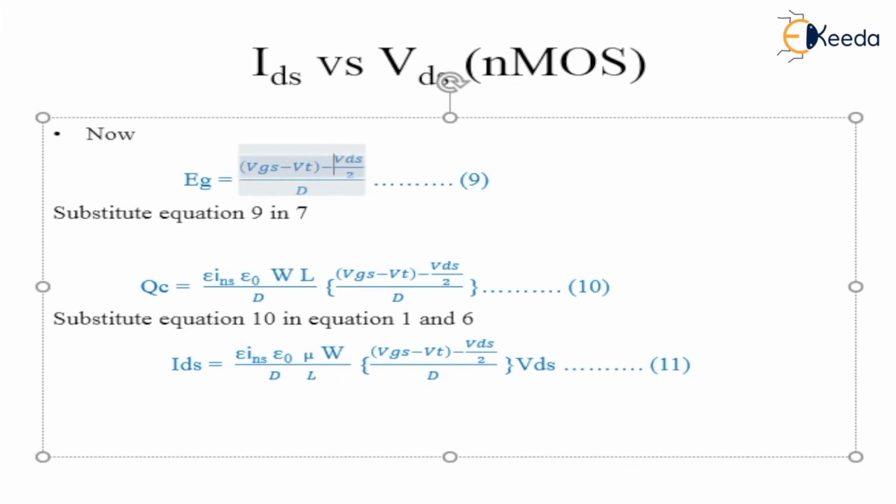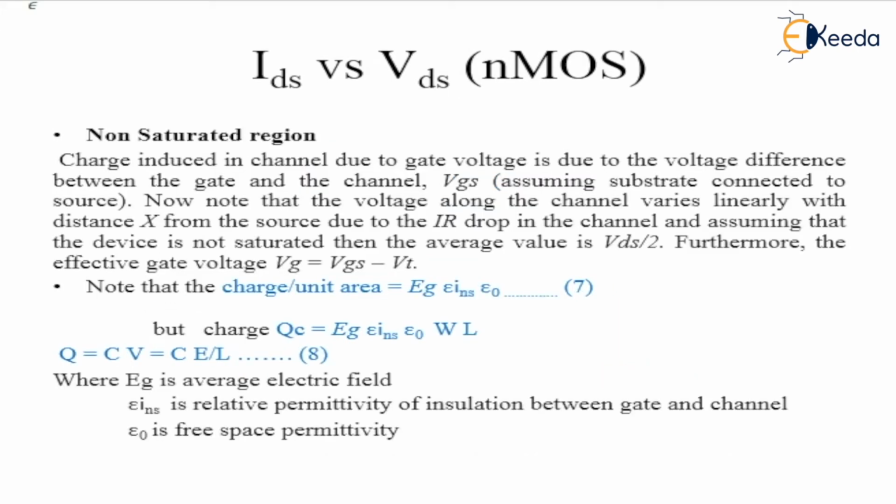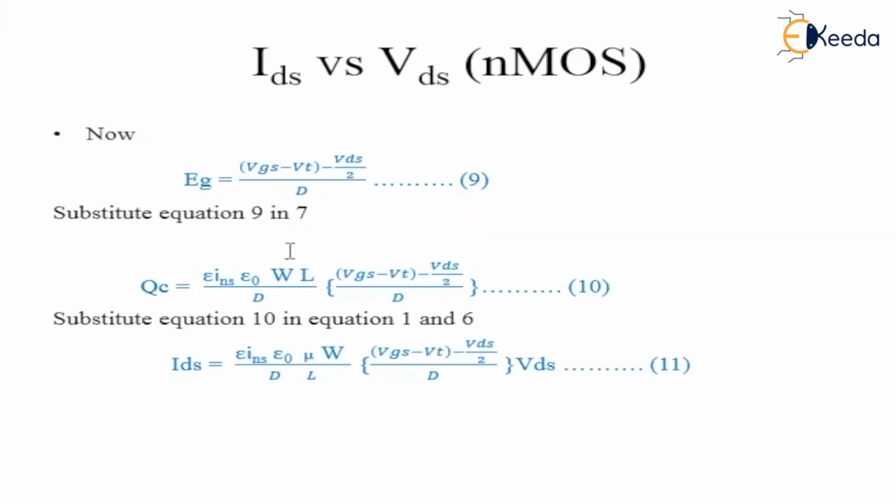Why? Here the channel voltage drop is due to VGS minus VT and VDS by 2. So that's the reason I've written here VGS minus VT minus VDS by 2.